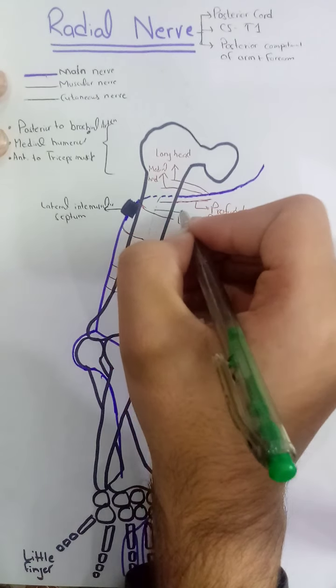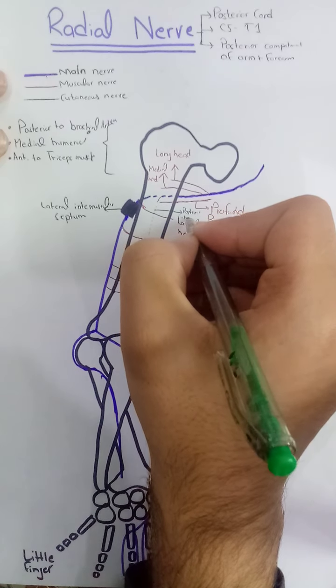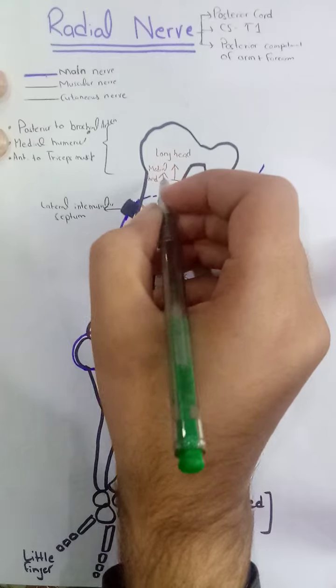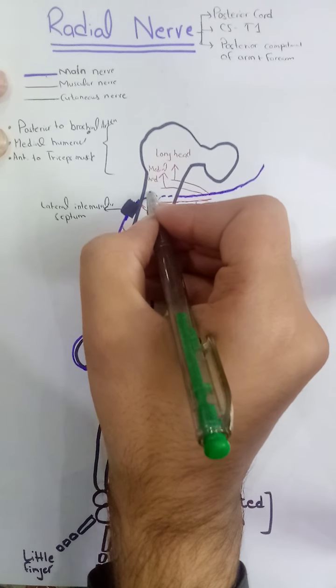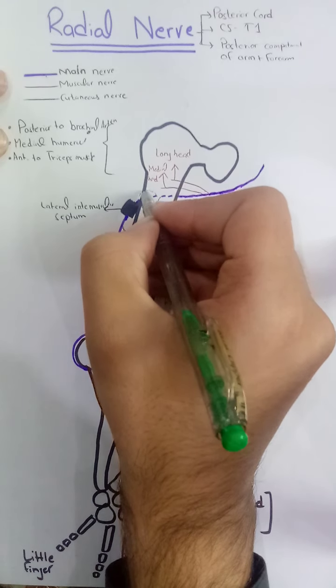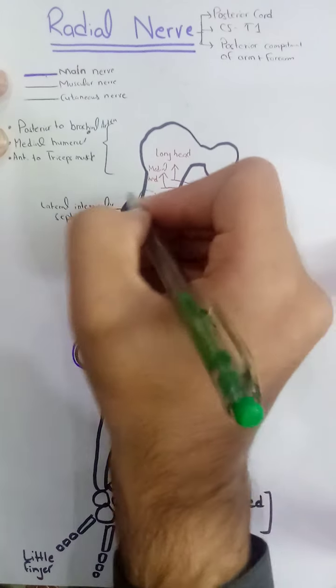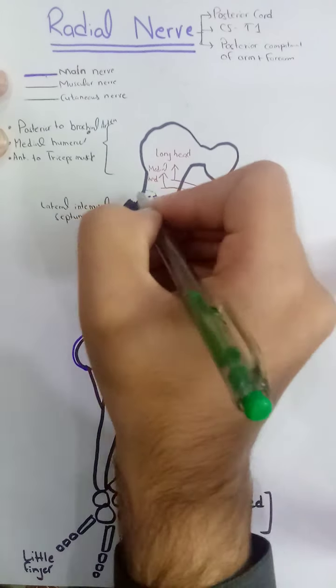This will be the posterior cutaneous nerve of arm. Then it will also give a lateral cutaneous nerve of arm, which is by the lateral side of arm, like this. So the lateral cutaneous nerve of arm.